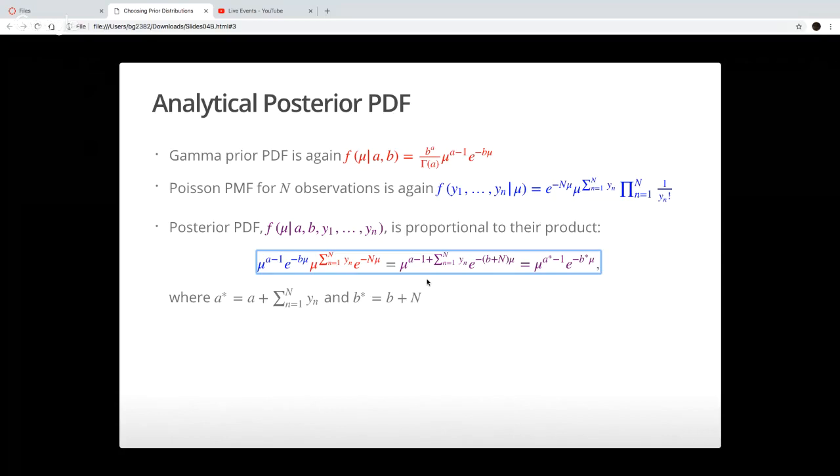That's going to be mu raised to the power a minus 1 plus the sum of the y observations, times e raised to the power of the quantity negative b plus n, times mu.